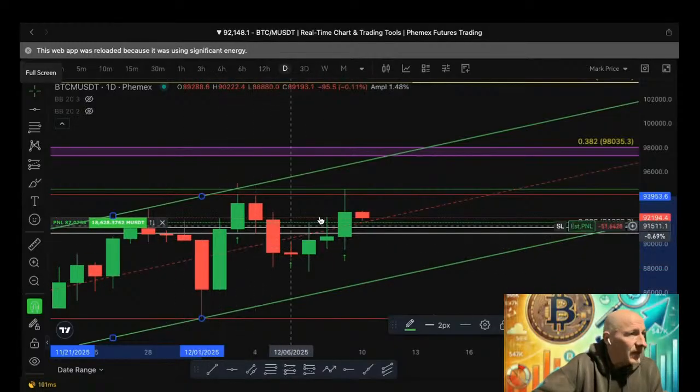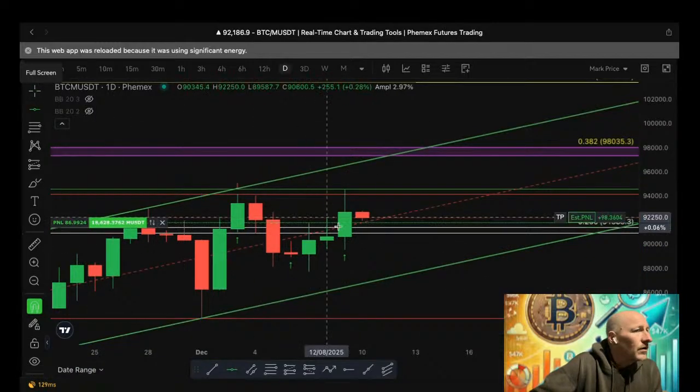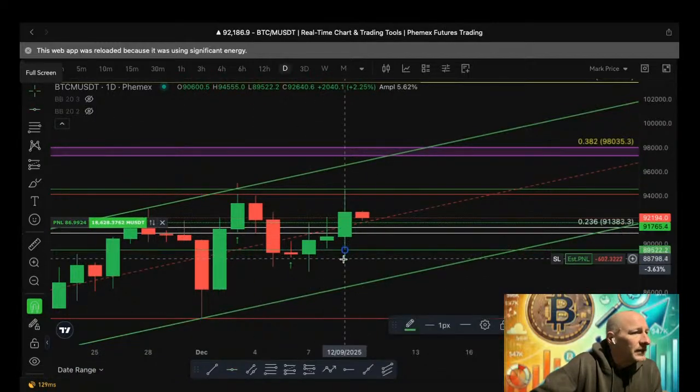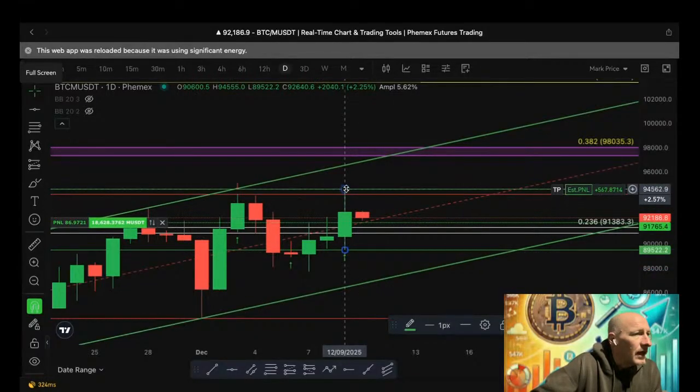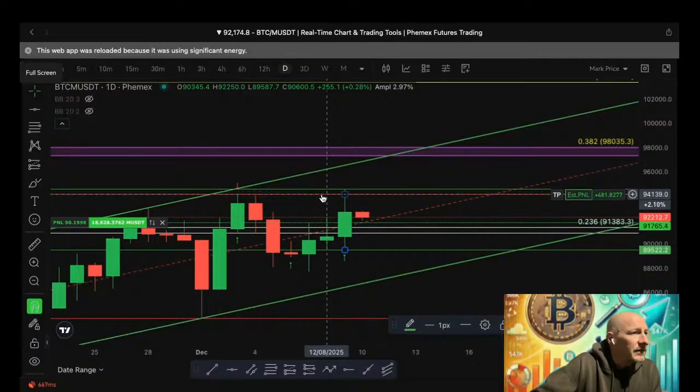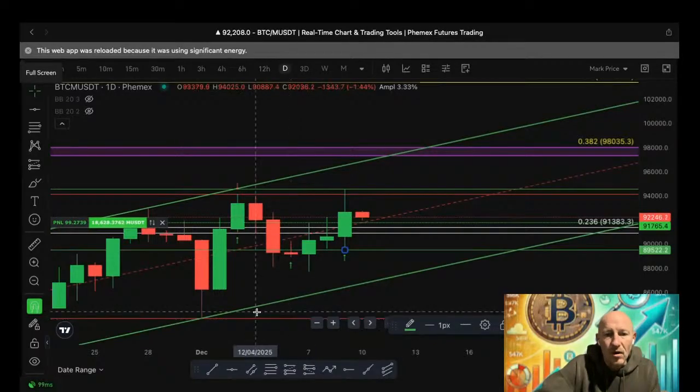And then on the daily, back to the charts here. So got the low of the day, got the high of the day. This red line here is the high of last week. So I marked that out on Sunday. This red line here is the low of last week.